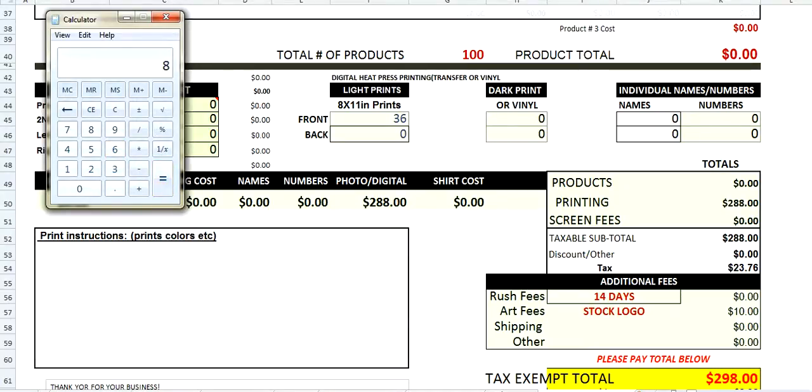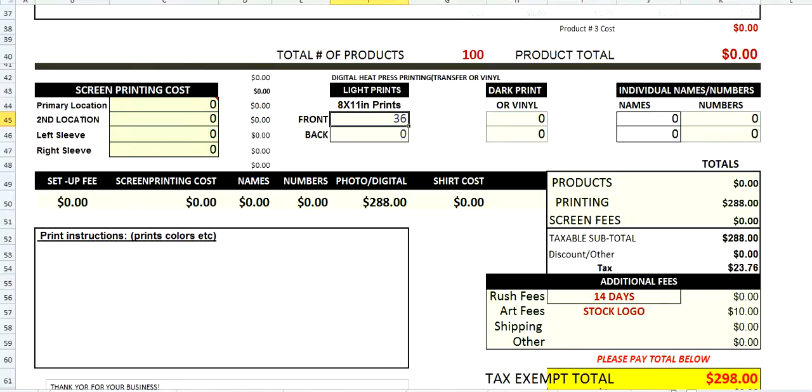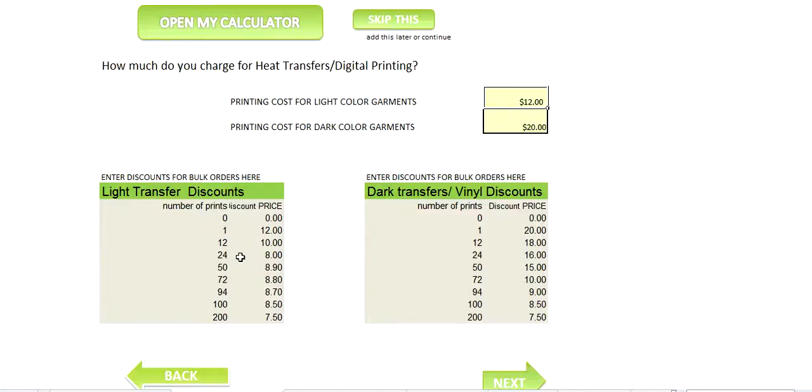Now let's go back and check that in the calculator and see at 36 prints what we would be paying. 36 prints, okay, that would put us between 24 and 49 prints. We would pay $8 a shirt. That's a good thing that we did that, because that's something else that I need to let you guys know.